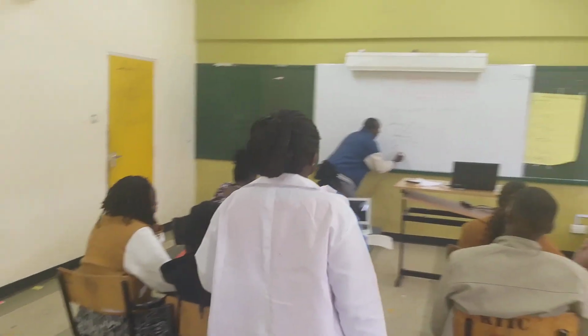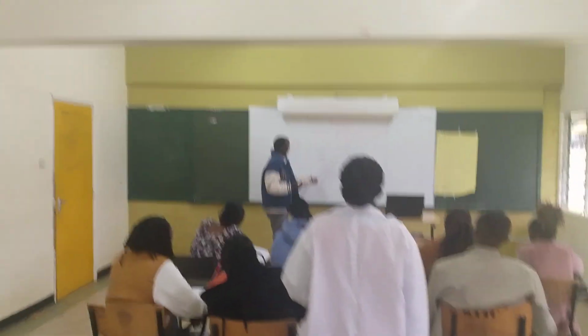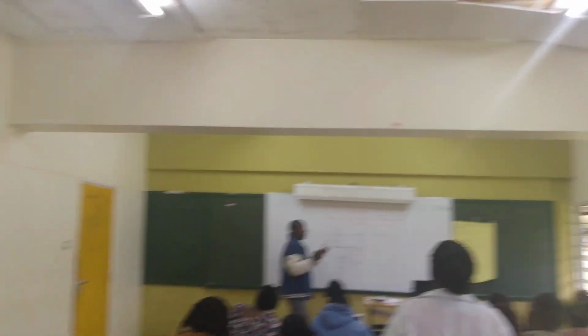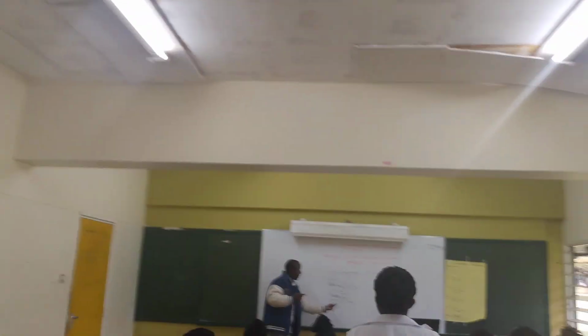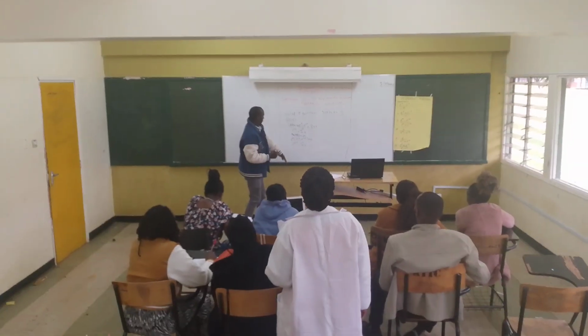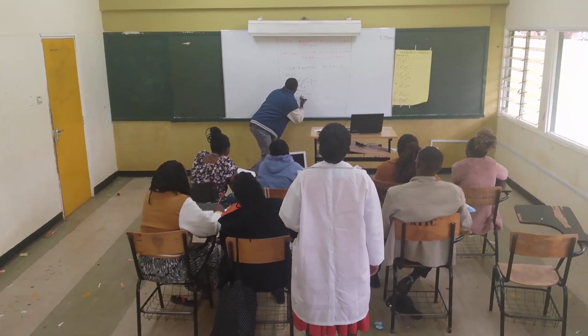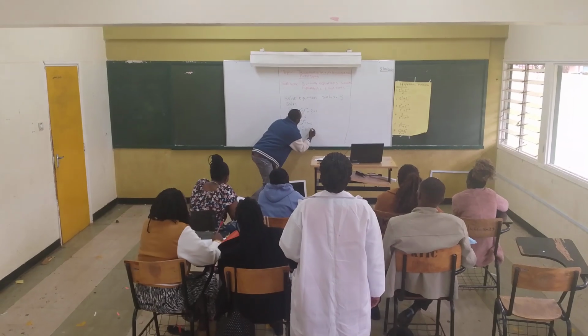That is correct. So we know when you multiply exponentials, you add the powers. So it will be e raised to 0, equivalent to 6 exponential x.